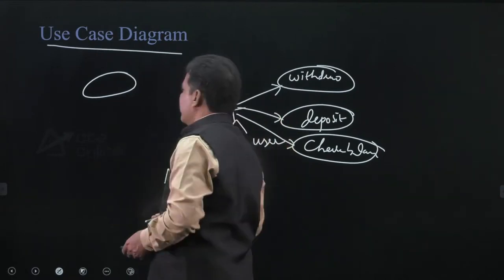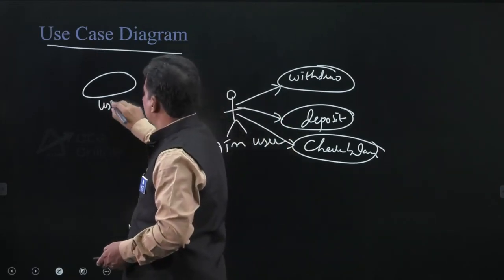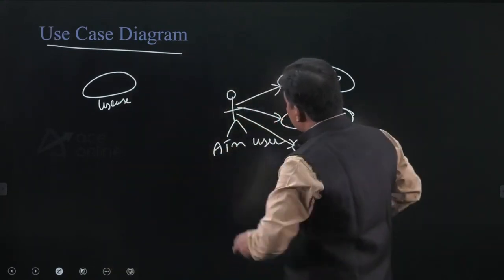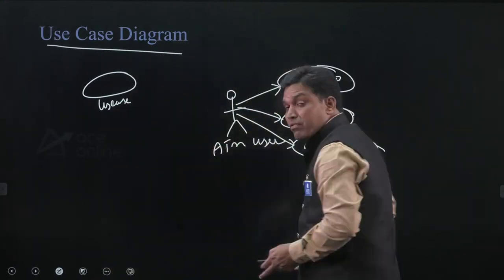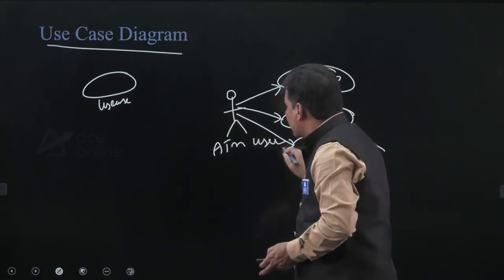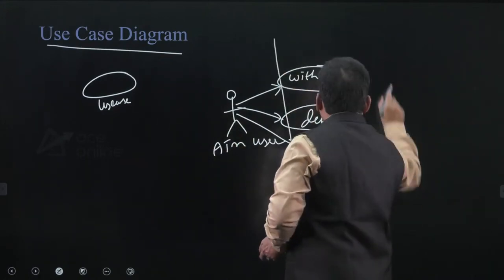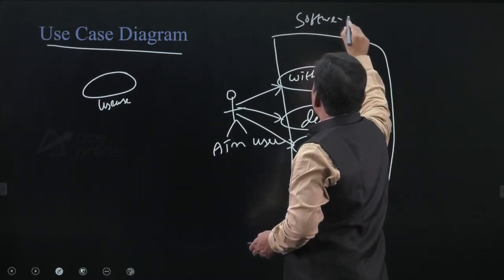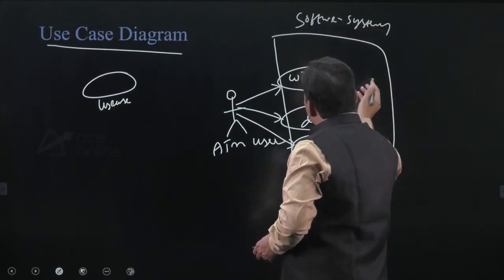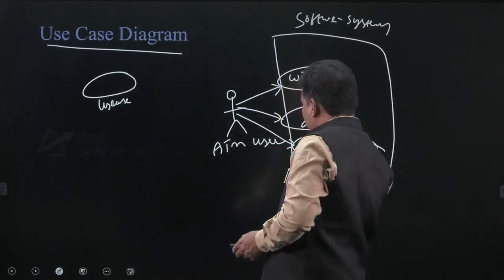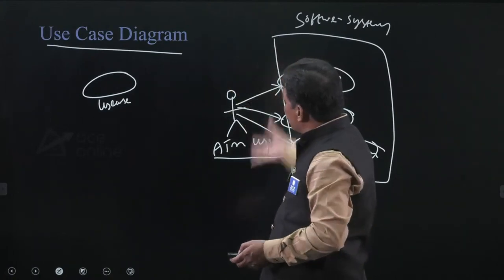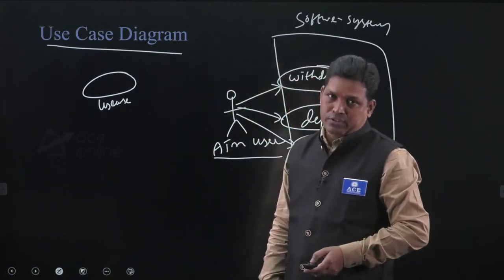This is one simple example, and we call this a use case. So this use case diagram represents the functional requirements of a software system, that is, the functionality the developed software system is providing to the ATM user. That's why the use case diagram represents the functional requirements of a software system.